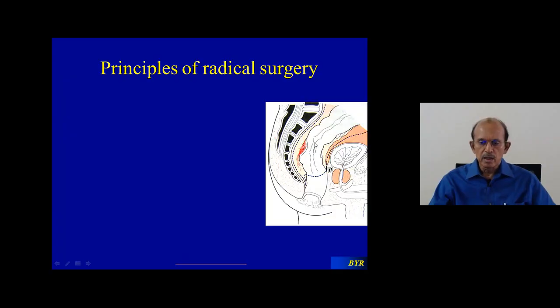So the tumor-bearing organ, the lymphatics, and the nearby lymph nodes, all these things are removed en masse. That is the principle of radical surgery for any tumor. For cancer rectum, you have to remove the rectum plus the lymphatic field.